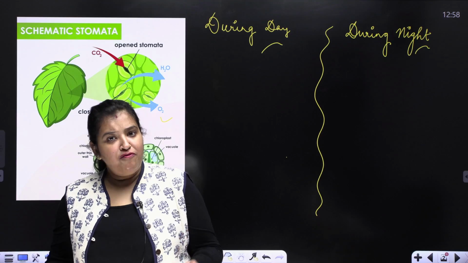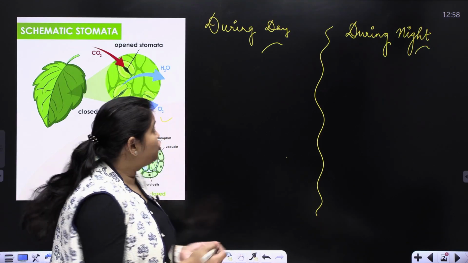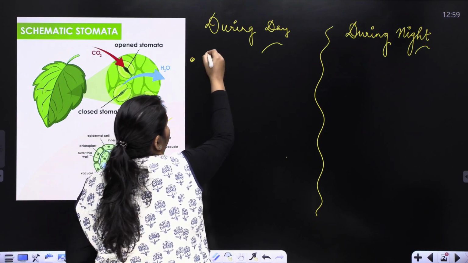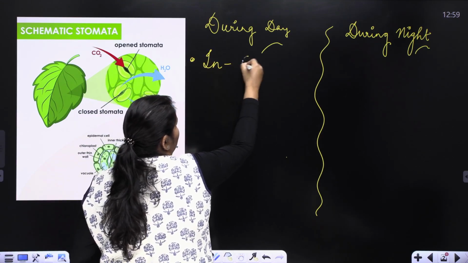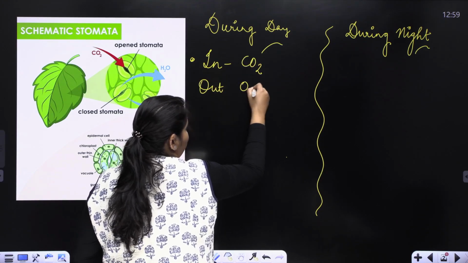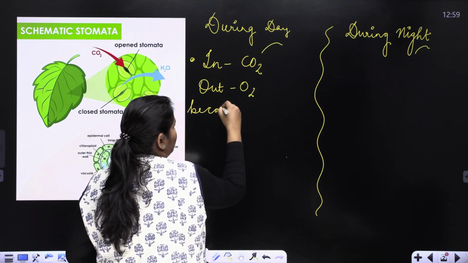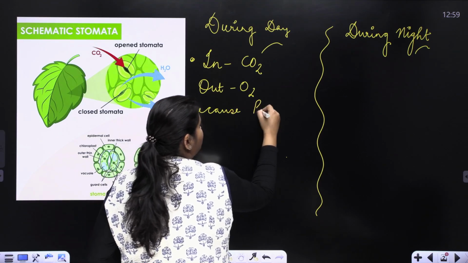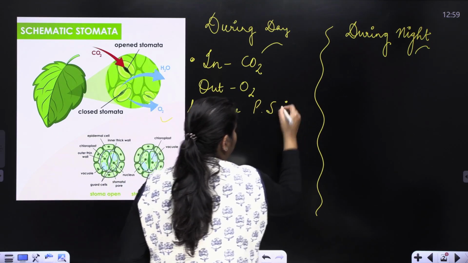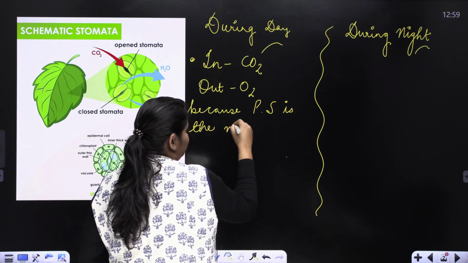Plants have to perform photosynthesis for the production of food. Yes. So the plant is going to take in carbon dioxide and give out oxygen, because photosynthesis is the major event.